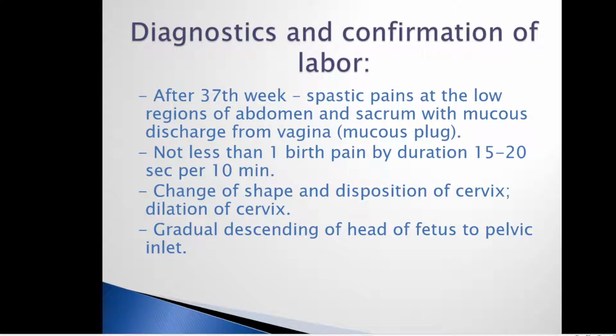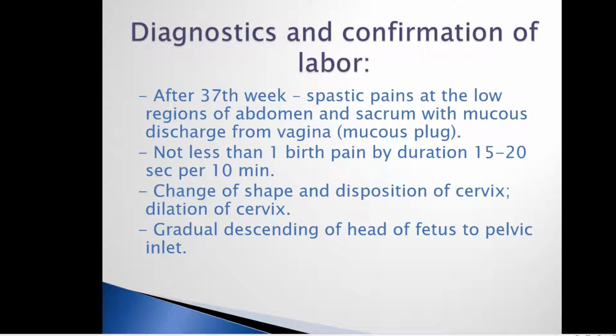Diagnostics and confirmation of labor. After 37 weeks, spastic pains at the low region of the abdomen and sacrum with mucus discharge from the vagina. Another name is mucus plug. The mucus plug is present because effacement of the cervix, maturation of the cervix, and dilation of the cervical canal happen, and this mucus comes out from the cervical canal.